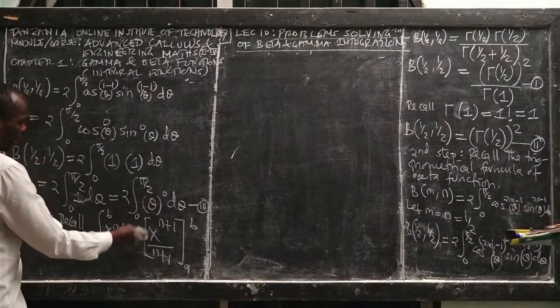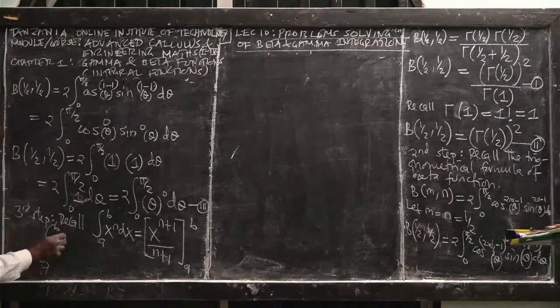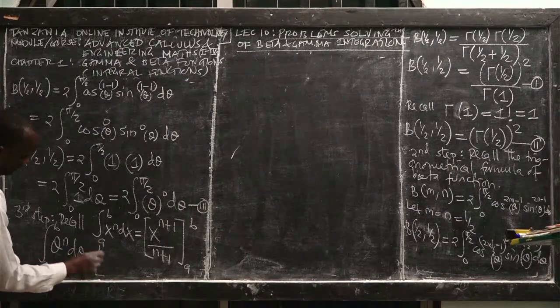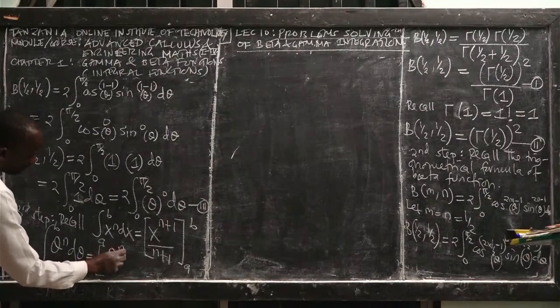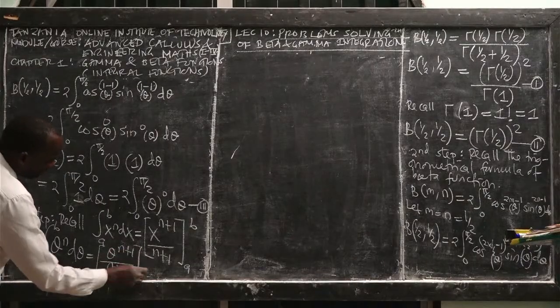So our x here is theta. Simply in terms of theta, we say that the integral from a to b of theta power n d theta is equal to theta power n plus 1 over n plus 1, from a to b.